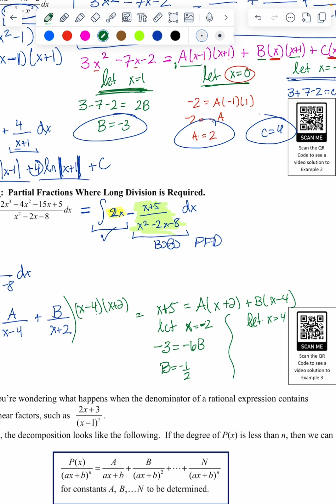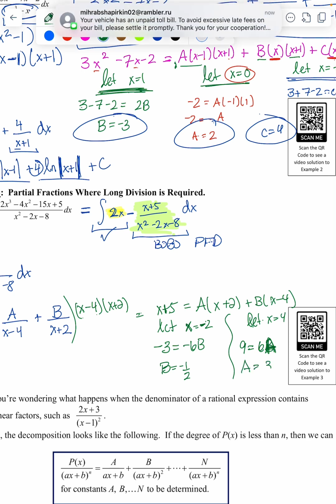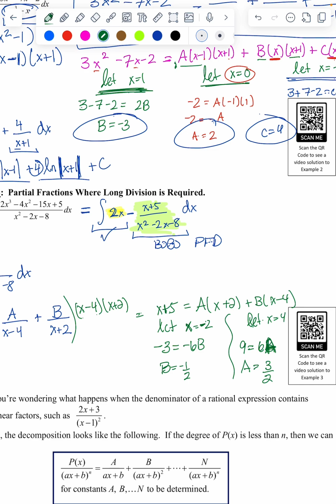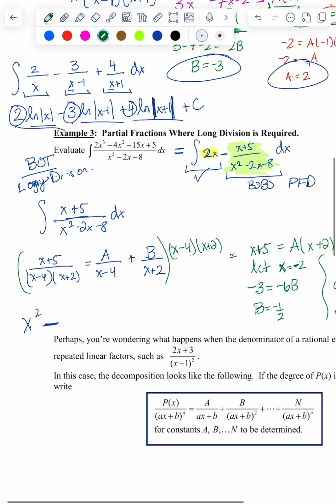And then when you let x equal 4, you've got 9 equals 6B, or 6A, sorry, and the B is gone. So A, once you simplify, is equal to 3/2. So now it is easy to integrate.